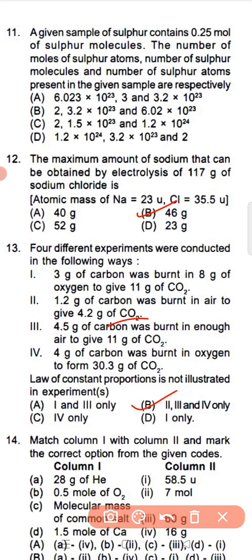So option B is the correct answer: 2, 3, 4. These three are correct.